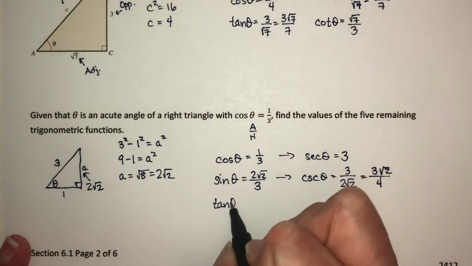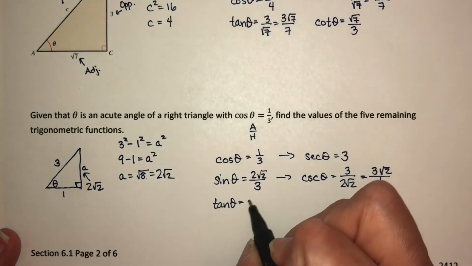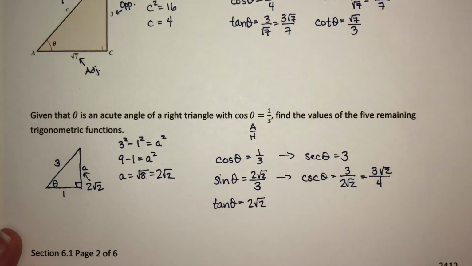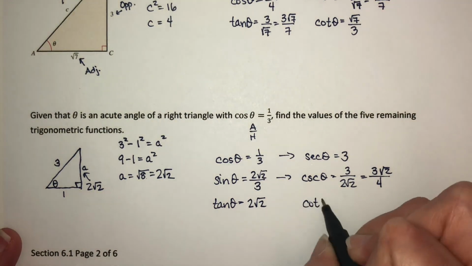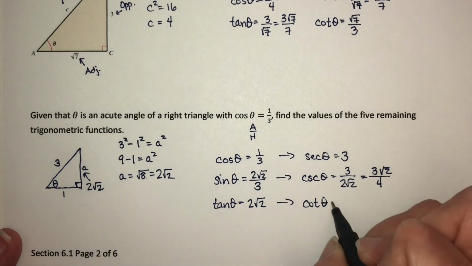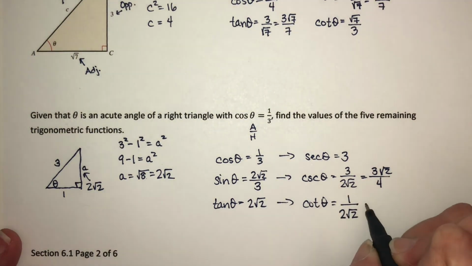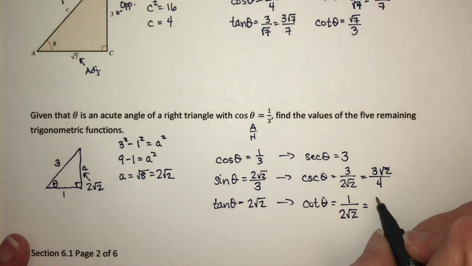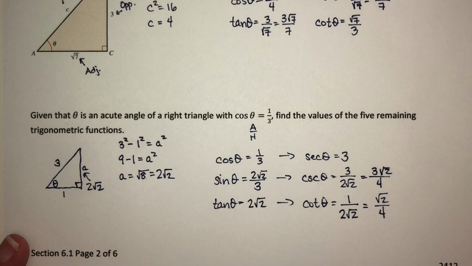And tangent of theta is opposite over adjacent, so 2 square root 2. And then cotangent is the reciprocal of that, which is 1 over 2 square root of 2, which is the same thing as the square root of 2/4. So you have all 6, or the 5 additional trig functions.